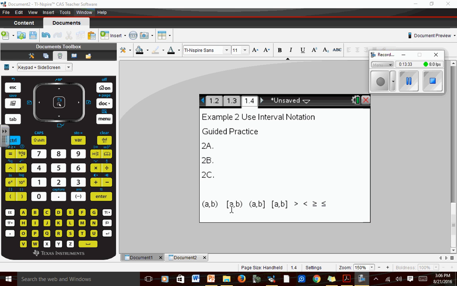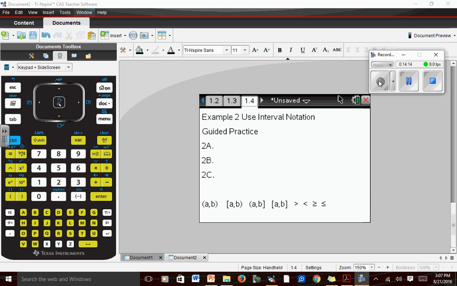Here it starts at A and goes up to B but doesn't include B. Here it starts just after A and it goes all the way up to and including B. And here with A and B with the brackets, you've got that it would be like the closed-in circles, a line, and then another closed-in circle at A and B. So different combinations of the greater than, less than, greater than or equal to, and less than or equal to symbols. This is not terribly complicated. You'll get the hang of it once you use it a few times, and it's a really nice way of getting to your answers really quickly down on your paper.